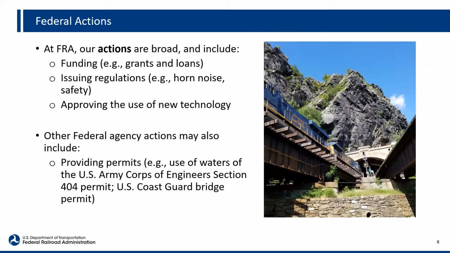At FRA, our actions are broad and include funding decisions. So if you apply for a grant and receive grant funding, that is a funding decision on our part. We also issue regulations, such as on railroad safety and horn noise, and we also approve new technology.